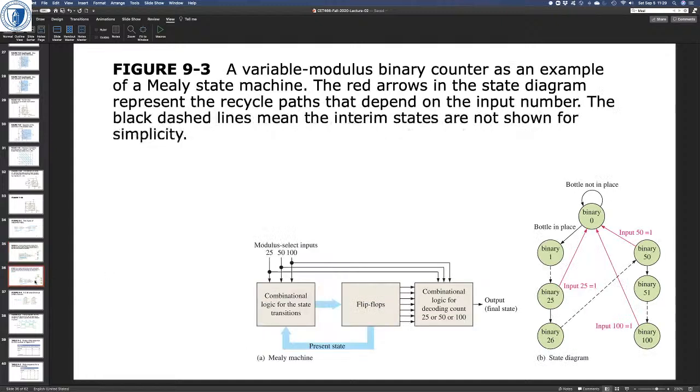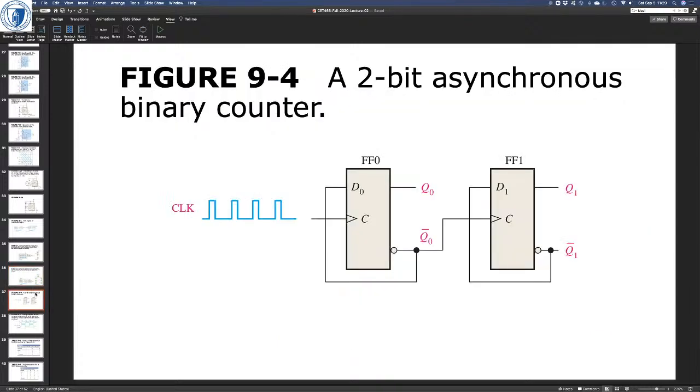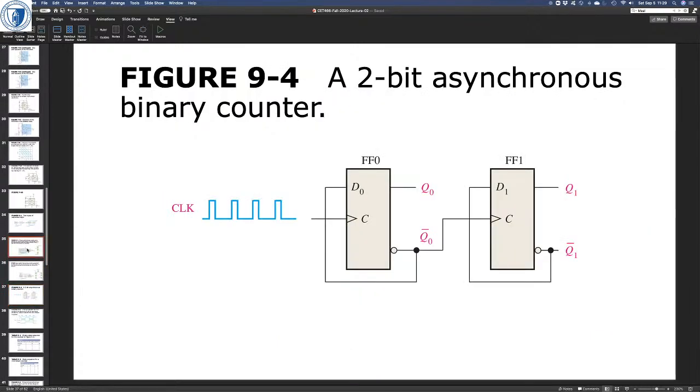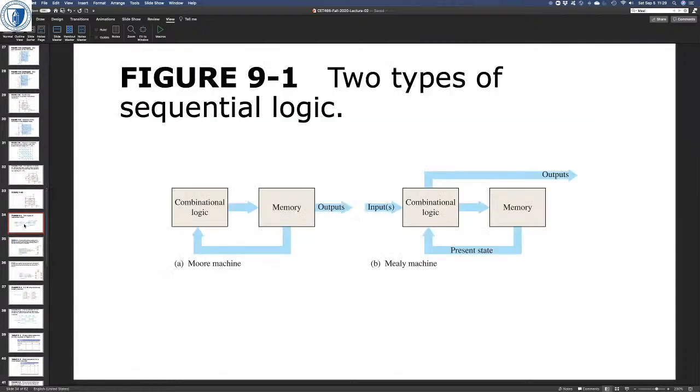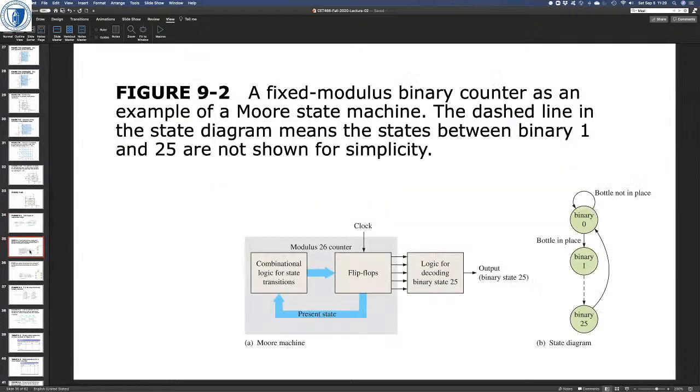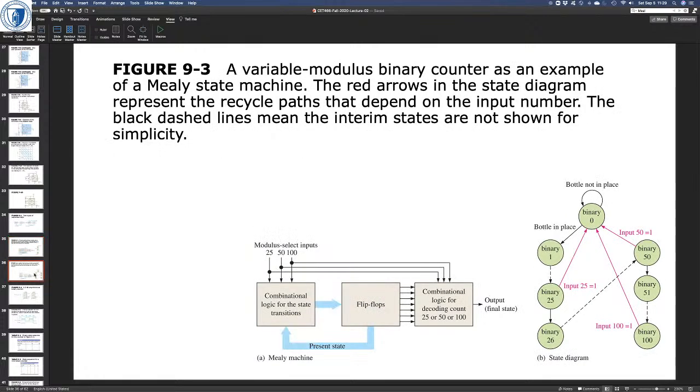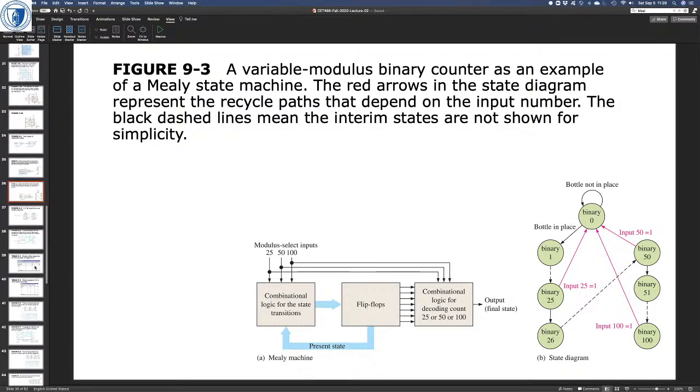Whereas this one is a Mealy machine, and it's doing things a little differently. Let me just have a look at this one. Okay, I'm going to go back over this next week.